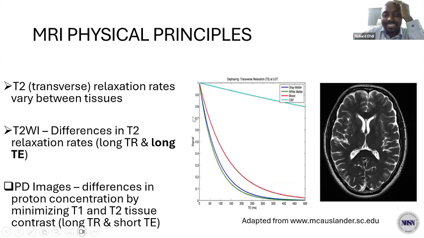So this is the T2 relaxation curve. And T2 relaxation shows the rate of loss or the rate of decay of transverse magnetization. Now, just as CSF is slowest in recovering its longitudinal magnetization, it is also slowest in losing its transverse magnetization.